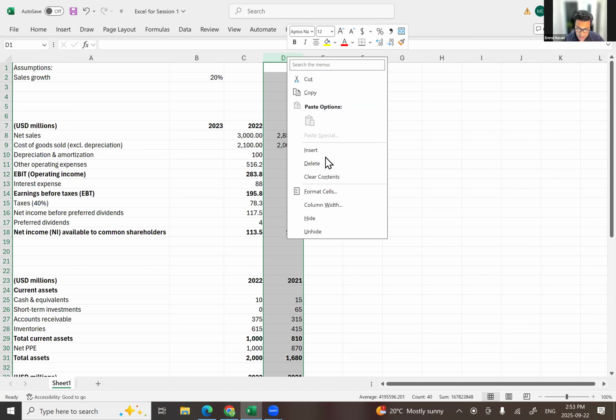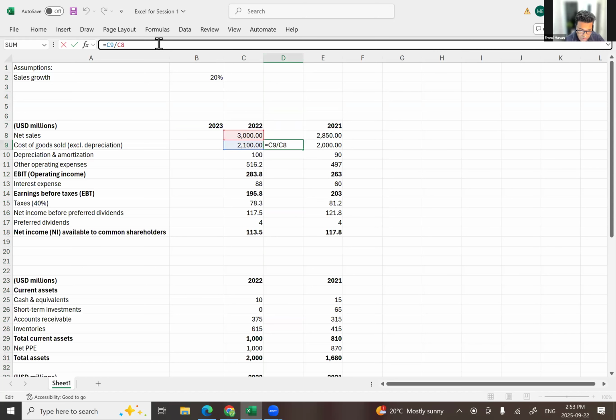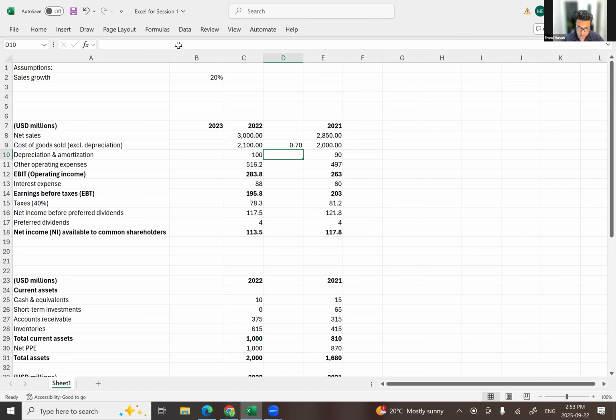But I need a kind of a common size income statement to know what is the percentage of each item of sales, because I need to apply those percentages also. Anyway, so I fixed the net sales and you expand it. Okay, so now everything is a percentage of sales.